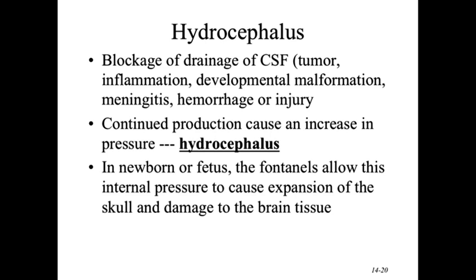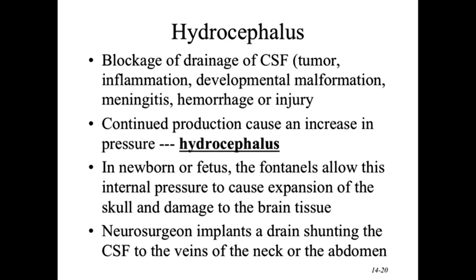The continued production of the CSF without the appropriate drainage is going to cause hydrocephalus, which is water on the brain. And then the only way to try and help that is to release that pressure by putting a shunt in, and it tries to shunt that fluid away from the brain, into the neck or into the abdomen.